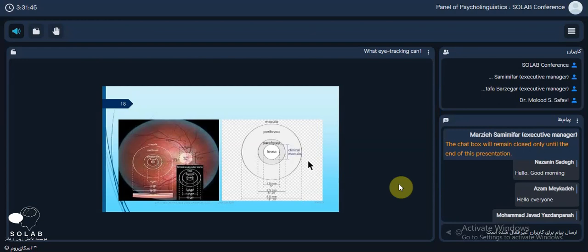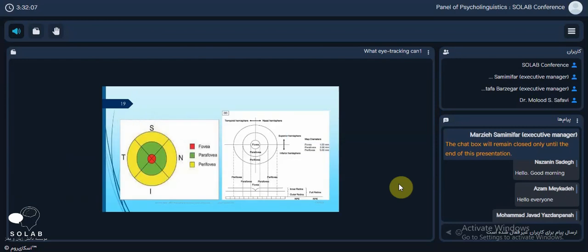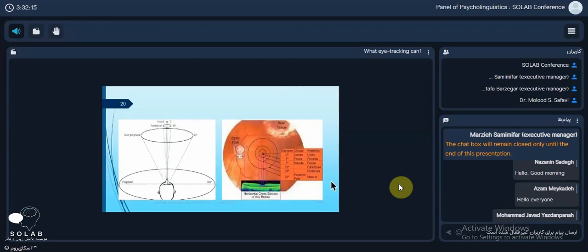The other part of the macula is the perifovea, which is 5.5 millimeter around the fovea. And all of this circle is called the macula. You can see it here again, and you can find that you see or look at the world in this view.